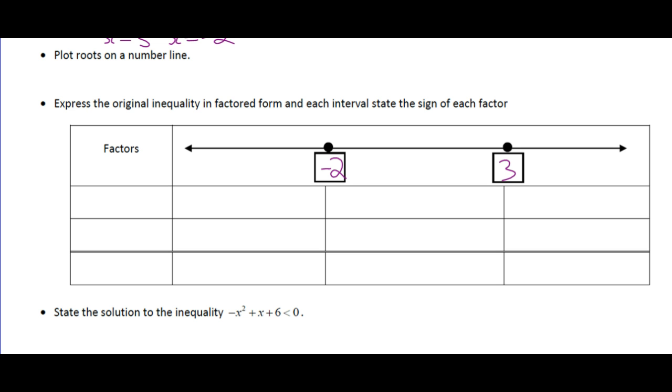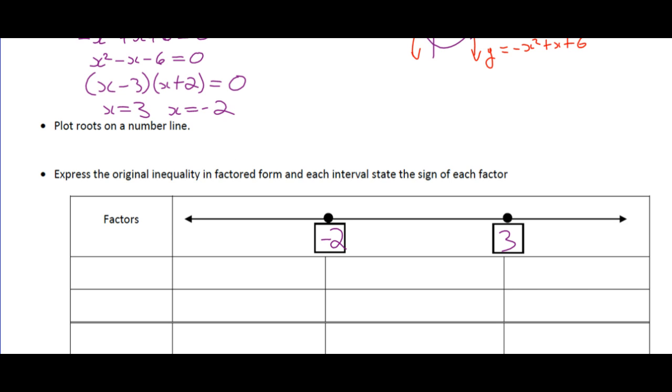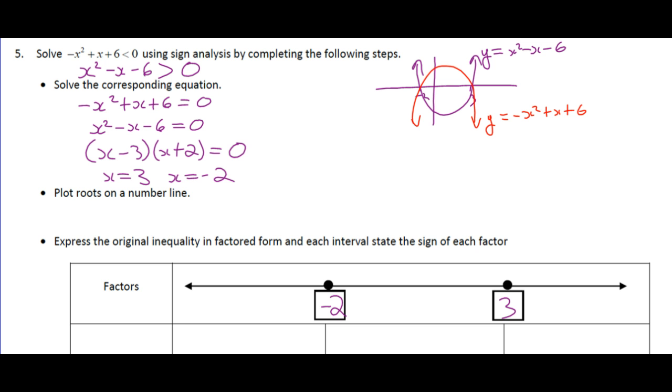Now, the factors. I have a factor of x minus 3, and I have a factor of x plus 2. Those factors go with this, which means I want to solve this inequality. This is the inequality I am going to solve, because I don't like leading negatives.